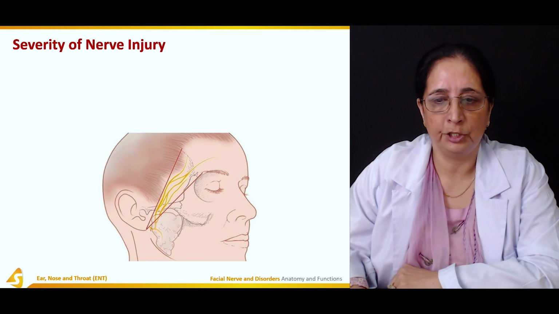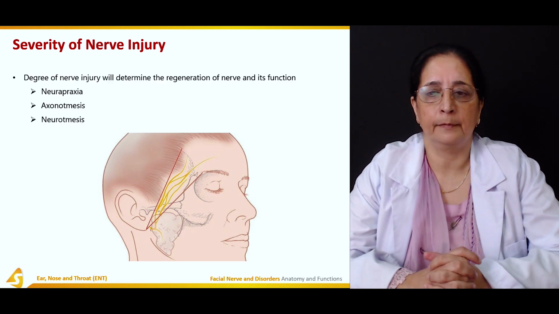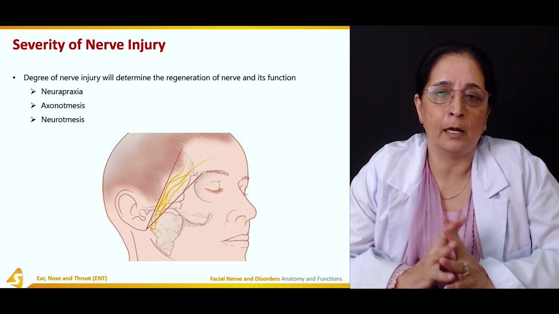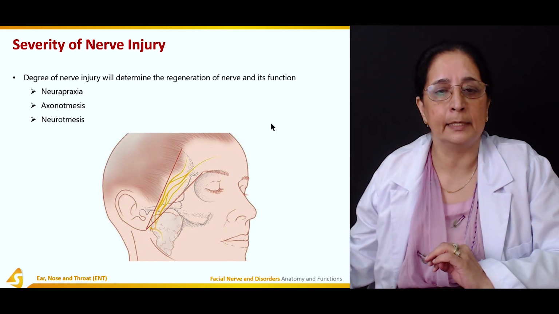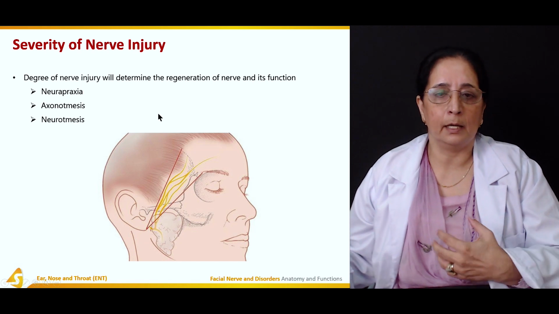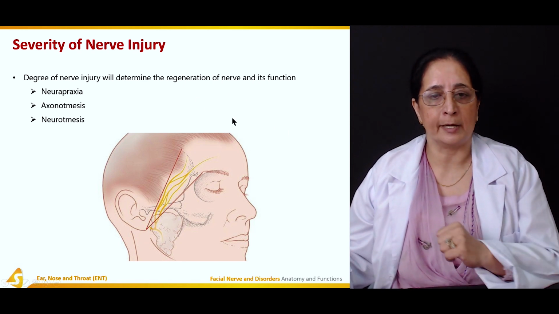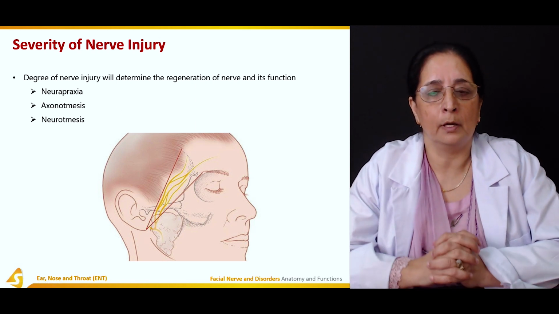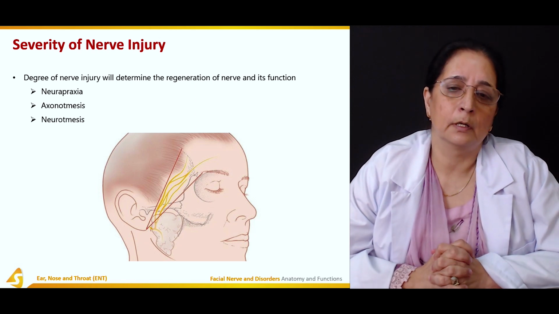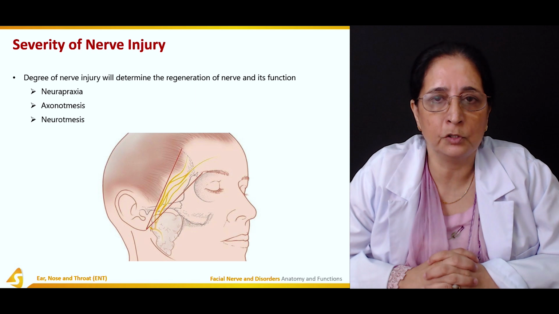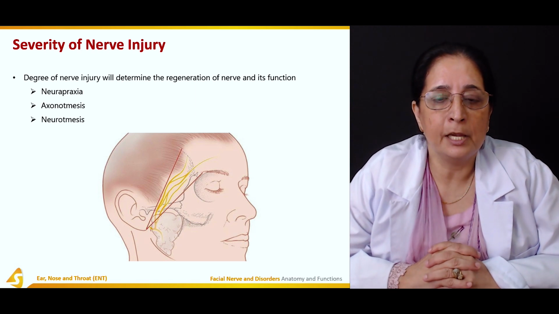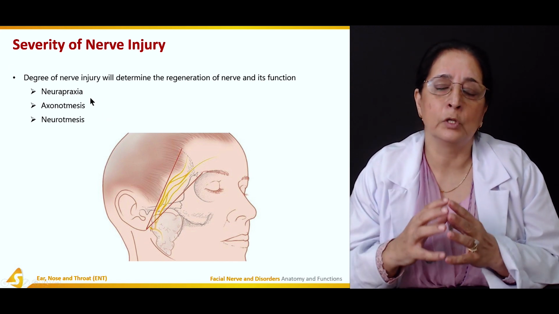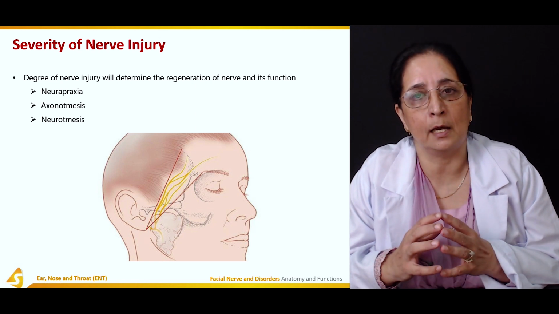Severity of nerve injury. The injury to the nerve depends on the degree of the injury and what functions are performed by the nerve. Usually three common presentations are present: neuropraxia, axonotmesis, and neurotmesis. In neuropraxia, both sensory and motor fibers are affected.